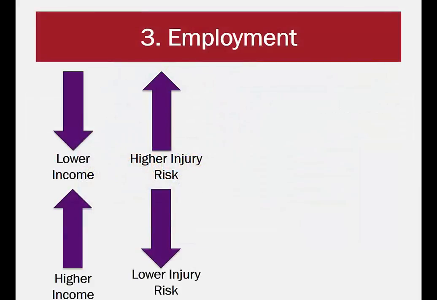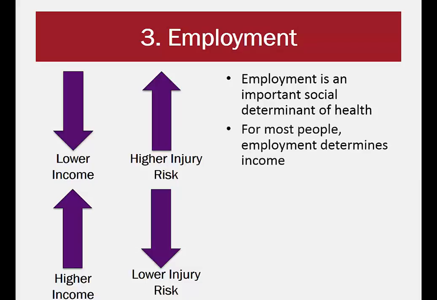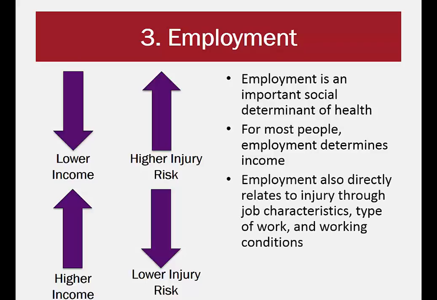Employment is a central determinant of health. In most cases, it is directly linked to one of the most important social determinants of health, income. For more information on how income affects injury risk, click on Income and Social Status. Employment also relates to injury through job characteristics, type of work, and working conditions.